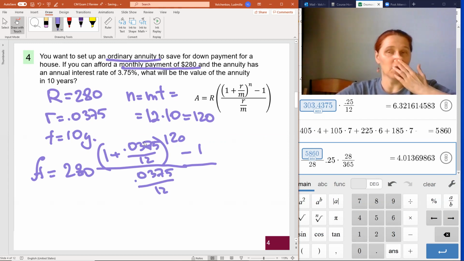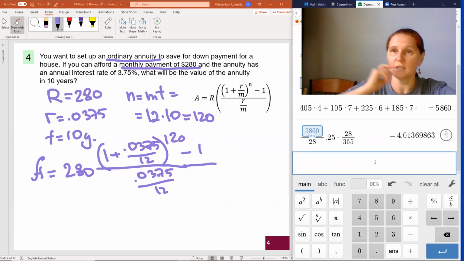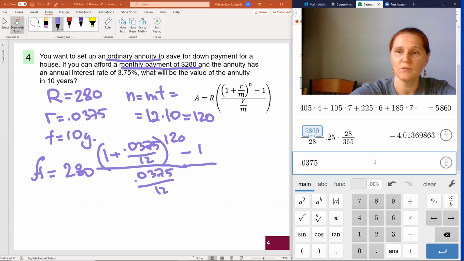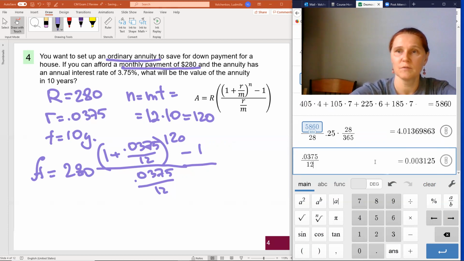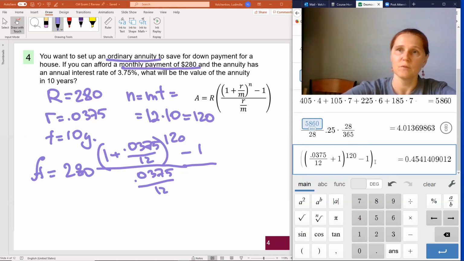So if you use a small calculator, then first you calculate this number, R over M, but I use decimals, so I can just input this formula, and I will start with R over M, 0.0375 divided by 12. This time it is an exact number, plus 1. Then I raise it to the power 120. Then subtract 1. Then also don't forget to use parentheses on every step.